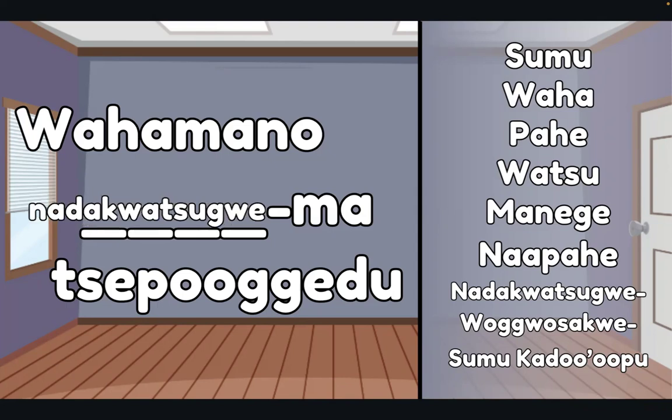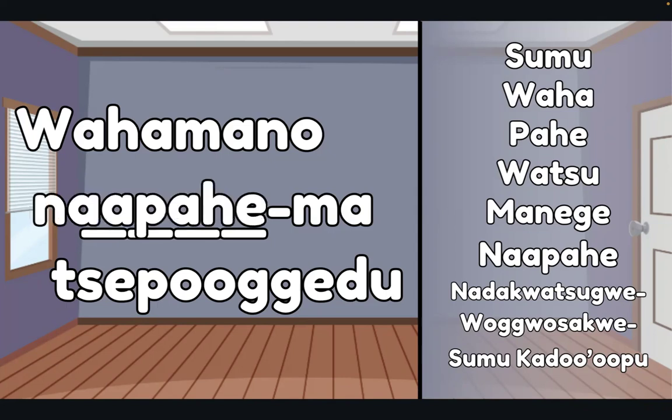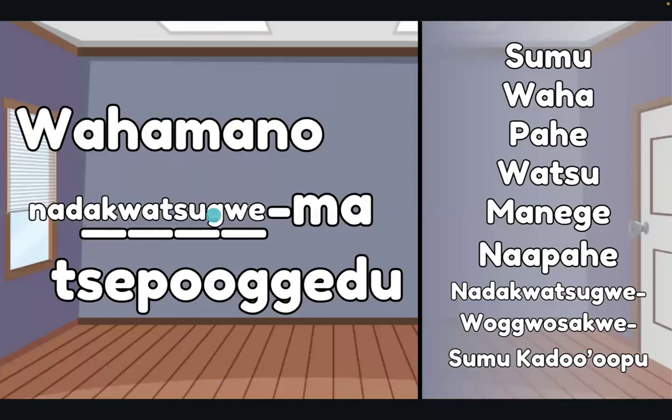Back to Chrissy. How would you say 27? I just gave you the answer. Wahamano nadakwatsimatsipugid. Actually, I typed that wrong. We don't need that gui on there. You can just say nadakwatsi.